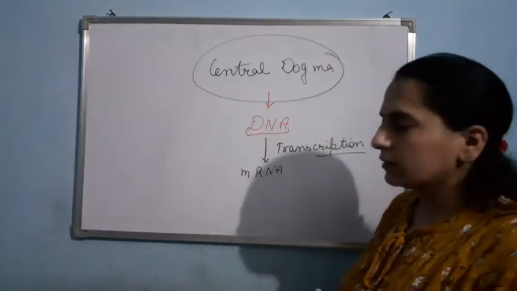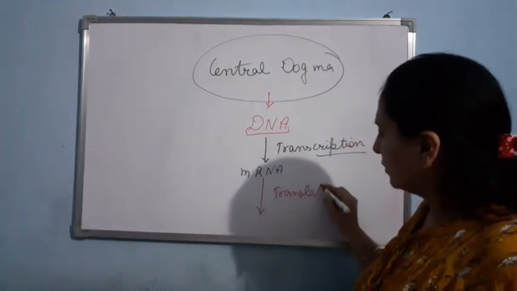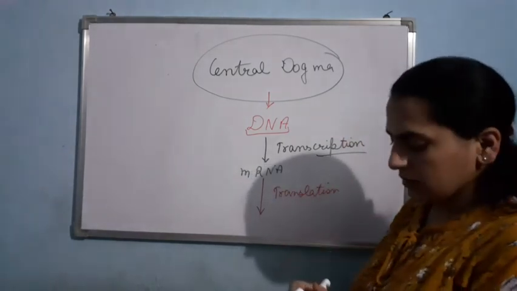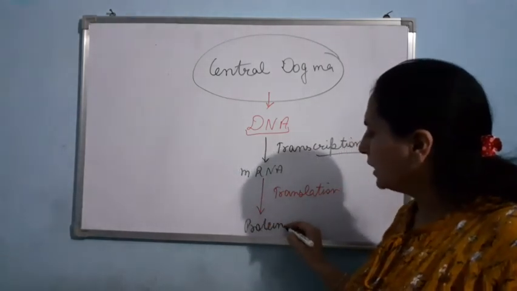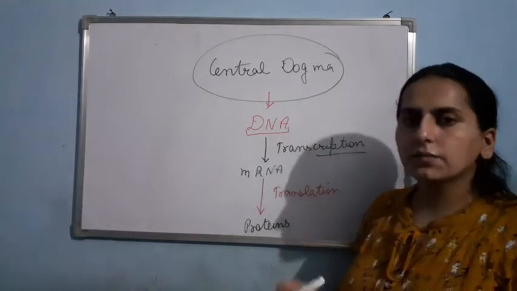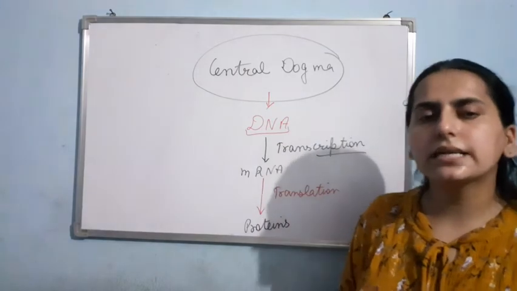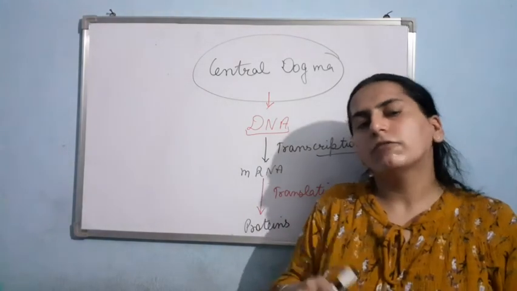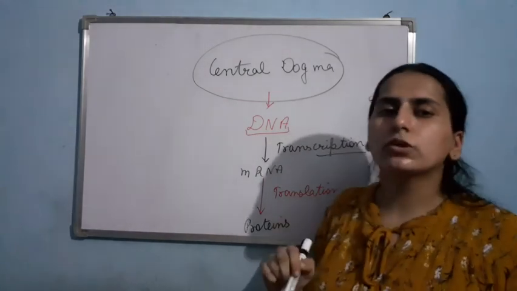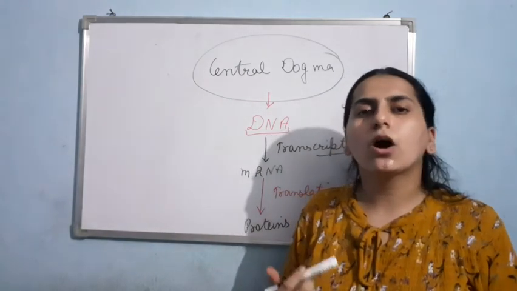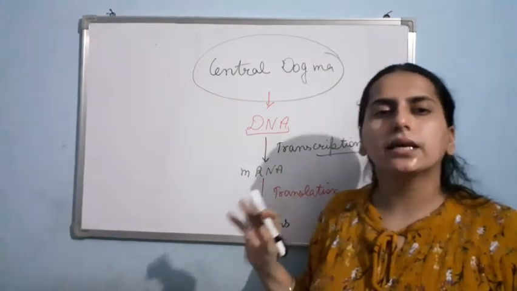After that, there will be translation, and in this process there is formation of proteins from the mRNA. So transcription means formation of messenger RNA from the DNA, and translation means formation of proteins from the mRNA. The whole process we have to study in detail. We shall study how transcription takes place and how translation takes place.